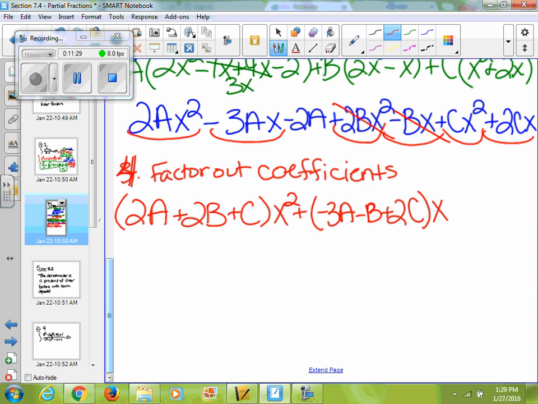And if I look at what I have left, I just have a minus 2a left over. And that is equal to your original numerator. So what was my numerator on that fraction to start with? X squared minus 1.